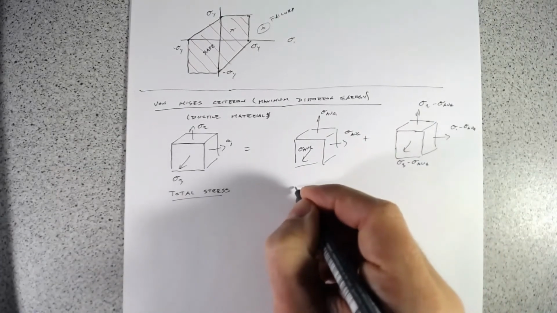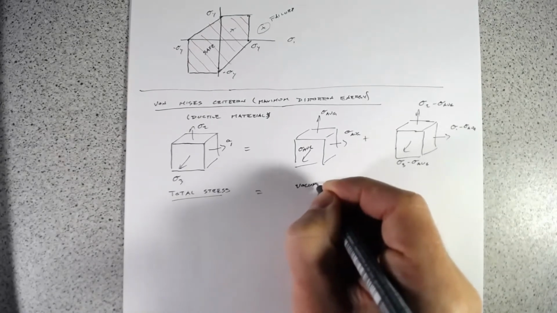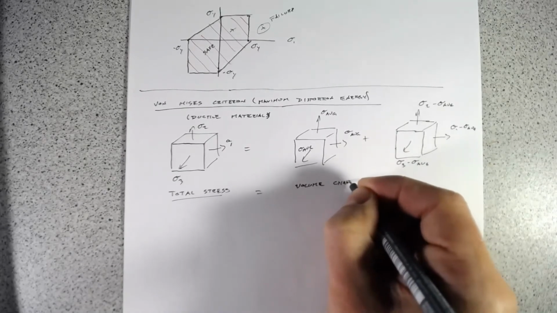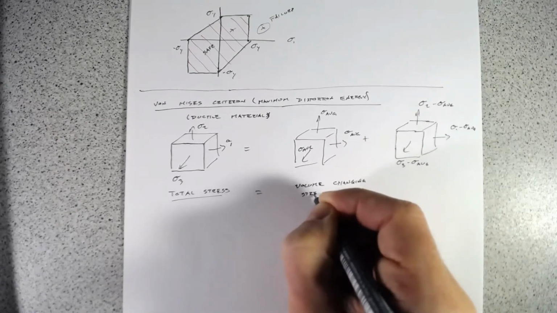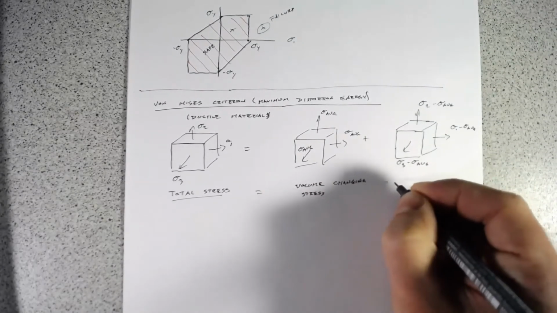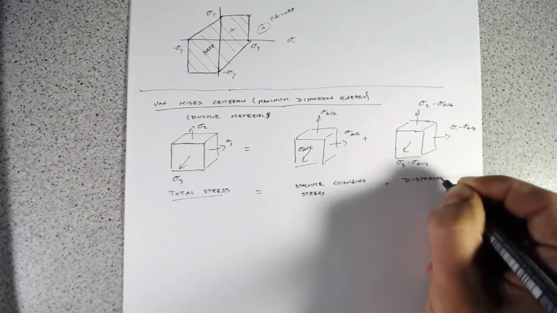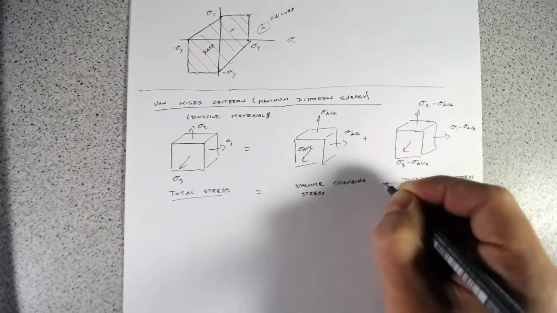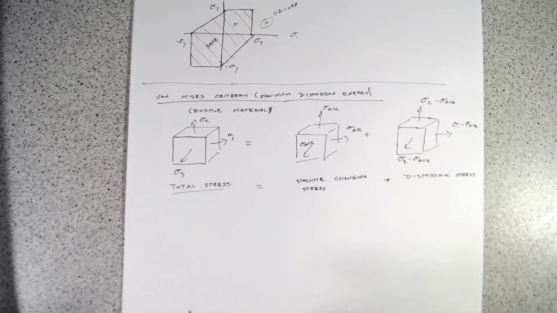So it says the total stress is going to equal the volume changing stress plus the distortion stress.